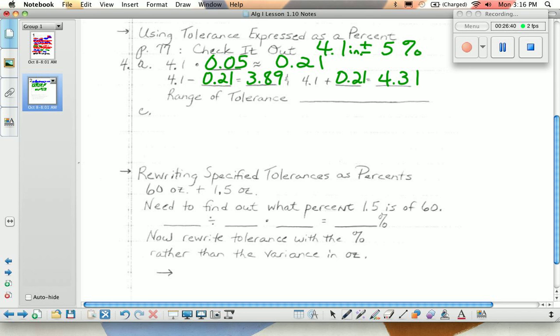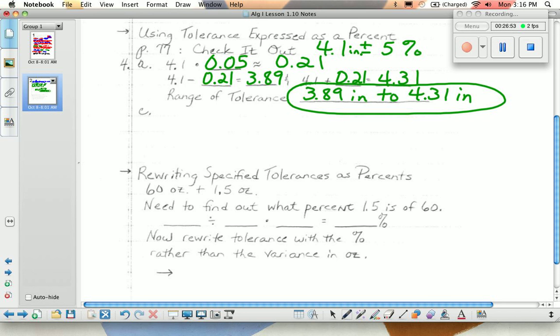So the range of tolerance goes from 3 89/100 inches to 4 31/100 inches. That's our actual range of tolerance. Anything that falls in that range is acceptable.